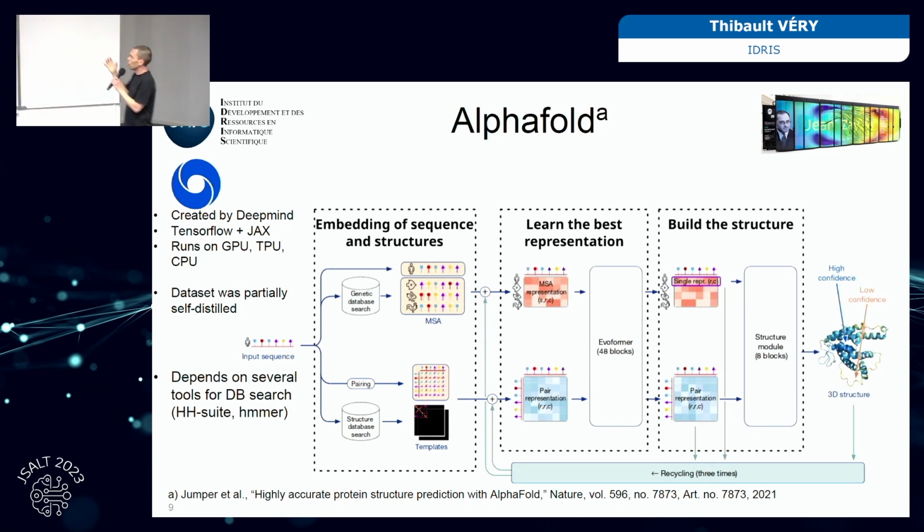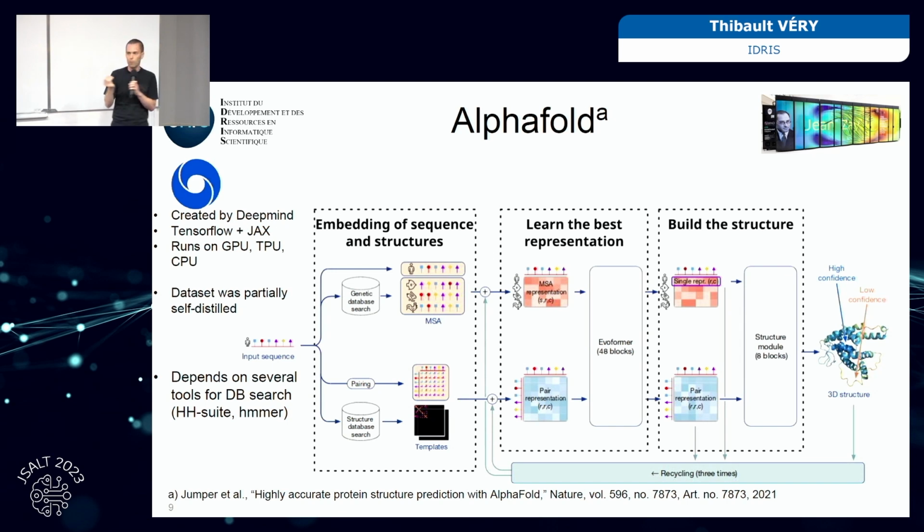And we try to find some structures that are close enough to our query to get some knowledge about the structure. We have to start from somewhere, and having this information is quite important. Once you have that, you have an embedding space for the MSA and for the pair representation.